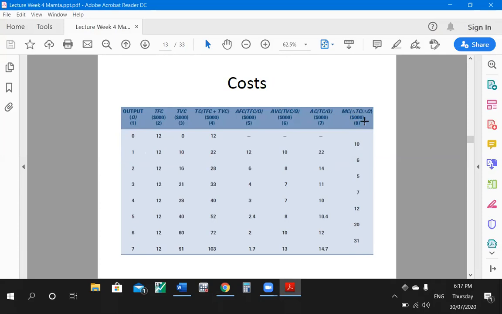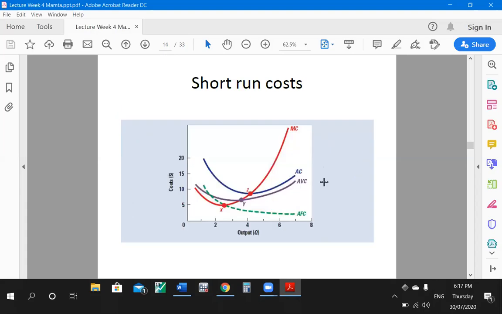Average cost goes down, but after one stage it starts to increase. Average variable cost has the same habit, but it goes down slowly. Average cost and marginal cost drop very quickly. Always remember that. Average cost drops very quickly because of why?